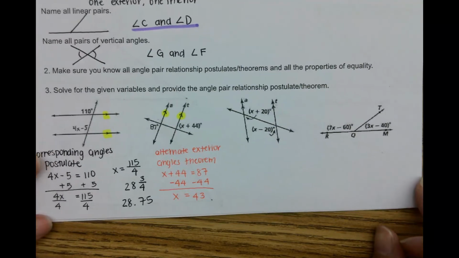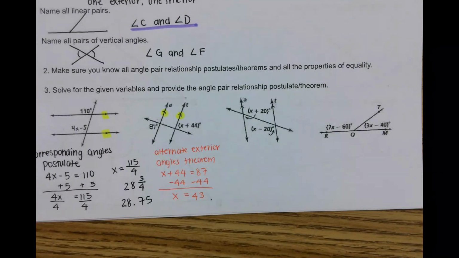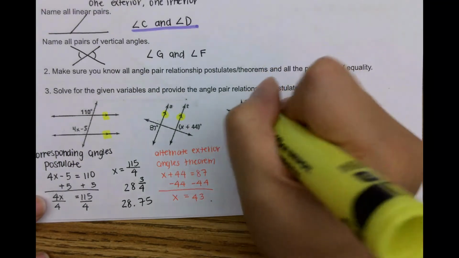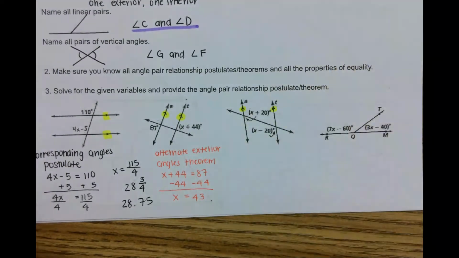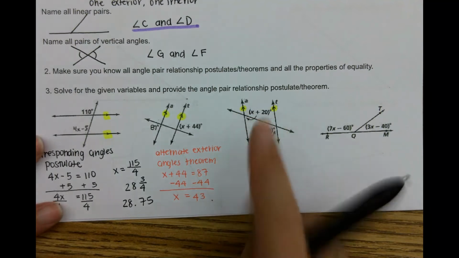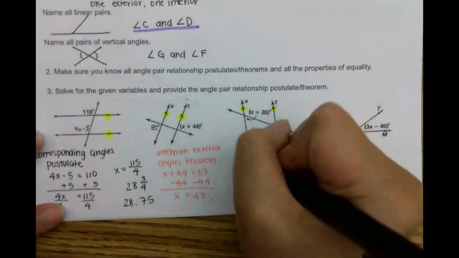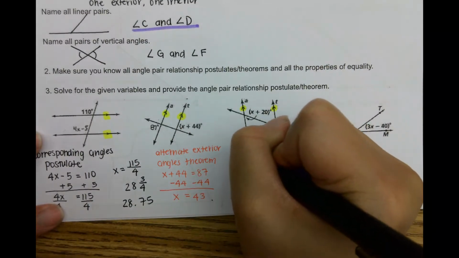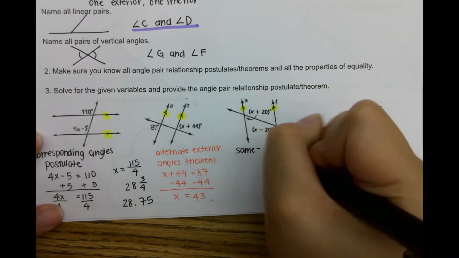Here's the next one. So here, keep in mind I am pointing at this and this. I know that these lines are parallel, so I can use those postulates and theorems. And then, because they are formed by parallel lines, these same side interior angles are supplementary.